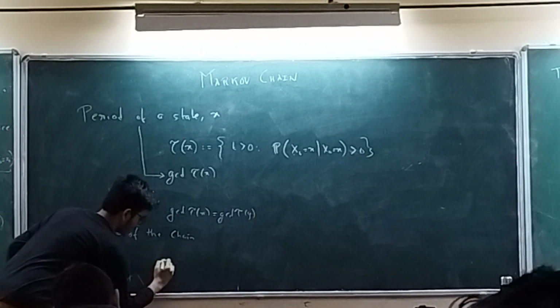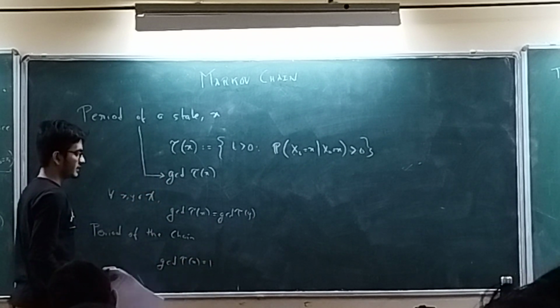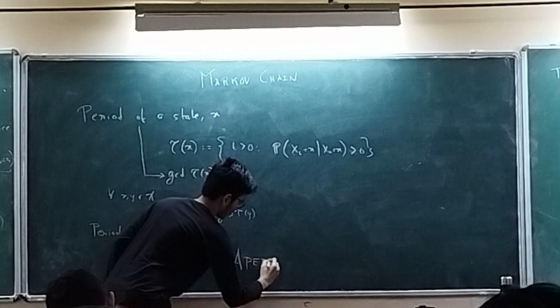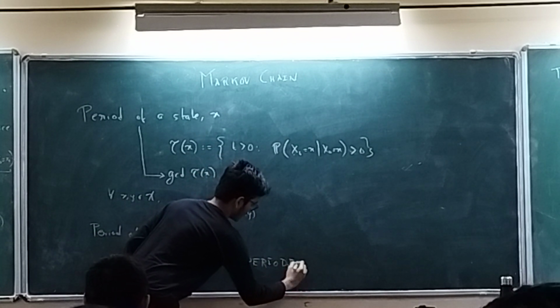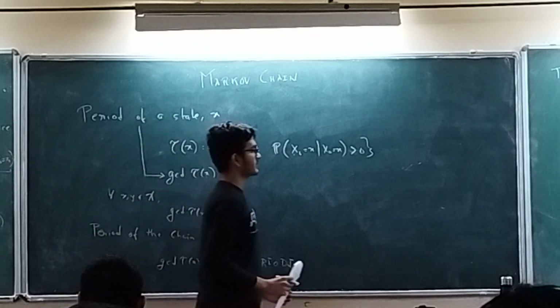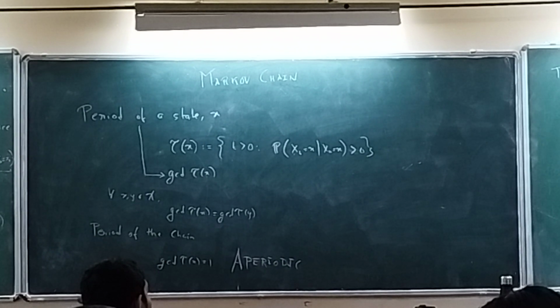And if the period of the chain is 1, then it's called aperiodic. Now you can see that this one is irreducible. It has all the periods the same, and it's not aperiodic because the GCD is 2 here, 2 here, 2 here, and the period of the chain is 2. Hence, it's not aperiodic.